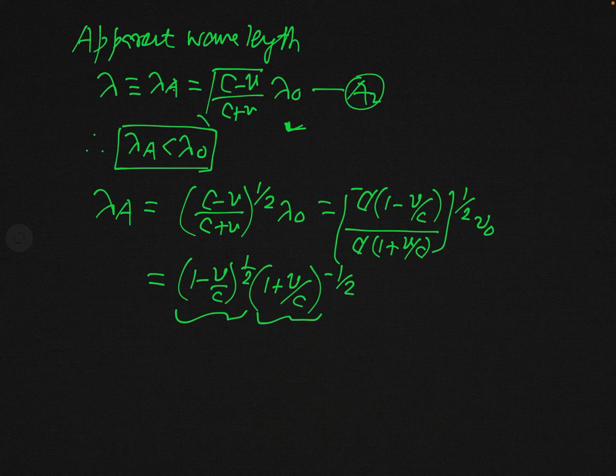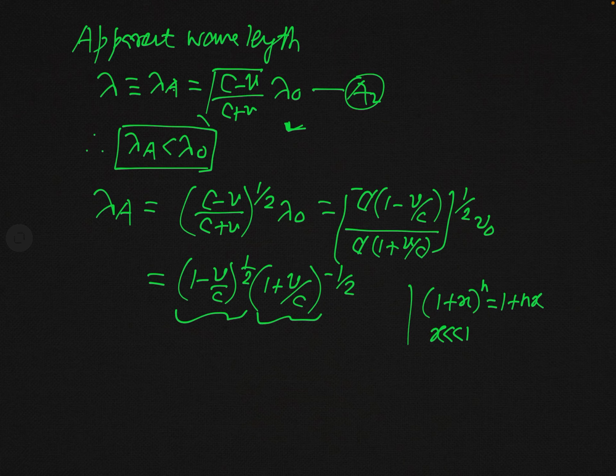Now we will expand both of these factors by binomial expansion, taking into account the fact that v over c is much smaller than 1. You know from binomial expansion that when 1 plus x to the power n is expanded under the condition x is much smaller than 1, it is almost equal to 1 plus nx.